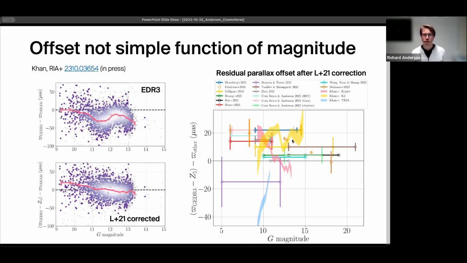And this is comparing our results with other results of this parallax offset in the literature. I think the most important takeaway from this plot is that this offset is not simply a function of magnitude. There had been some earlier indications that maybe this would be just a clean trend as a function of magnitude.